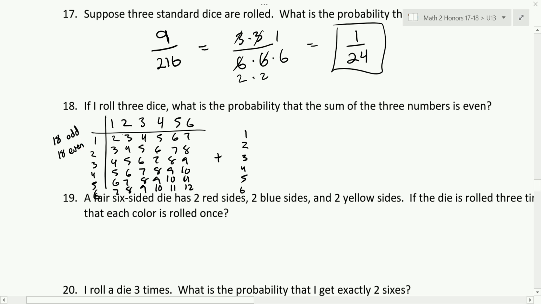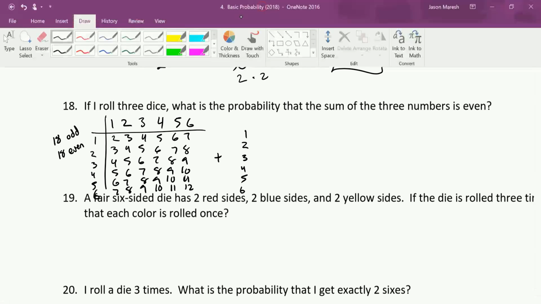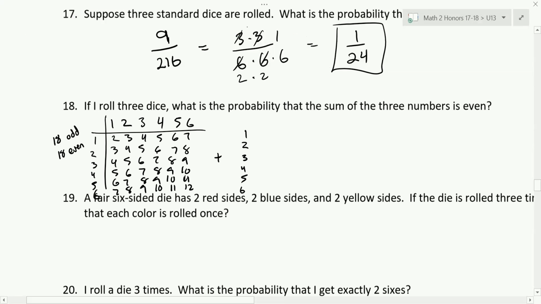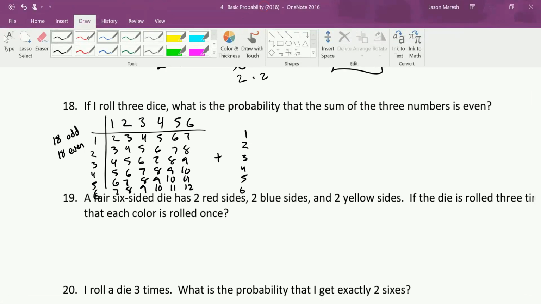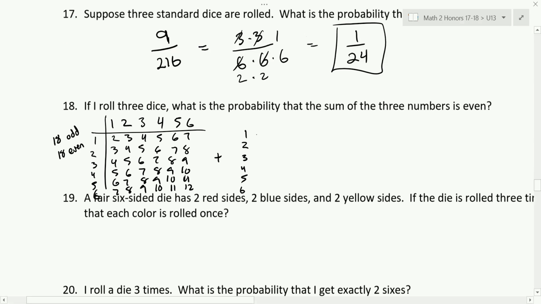And if we look at the 36, you can count them and so on. So anyhow, when we add them with the 1, you're going to have 18 odd numbers, and when you add those odd numbers with the 1, you're going to get 18 even sums.